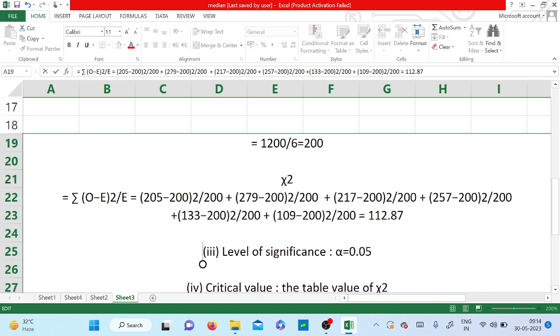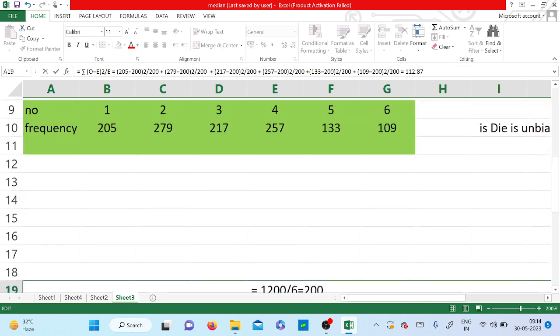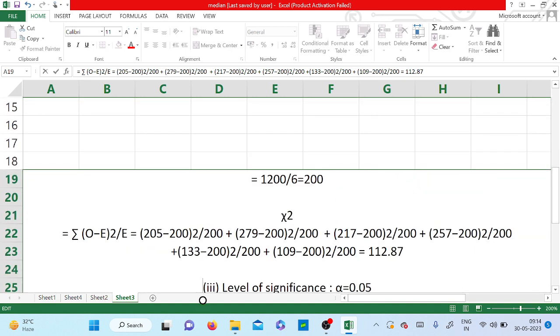Now for every value: 205 minus 200 squared by 200, 279 minus 200 squared by 200.